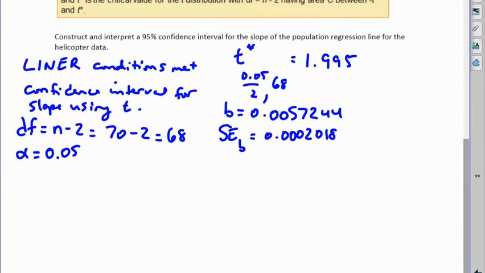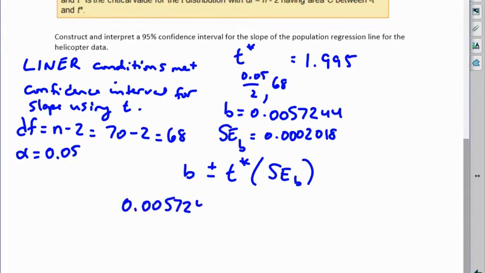And don't forget, we had our estimate of our slope of 0.0057244 and our standard error of our slope, which actually came from our output. So we can put these pieces together to find the confidence interval for what we're thinking is our best prediction of the values that the true slope might be.